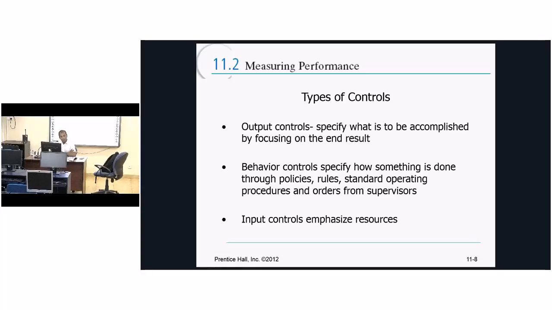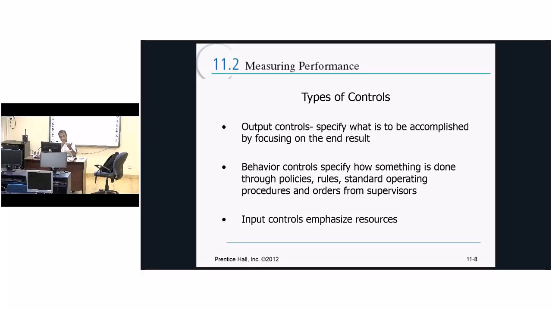Output controls, no, it doesn't work. But for a shop level employee, you can measure the output control, how many pieces he produces. When you become very senior, a general manager or a CEO, you cannot measure the output control. So in such situations, you need to measure the input controls.